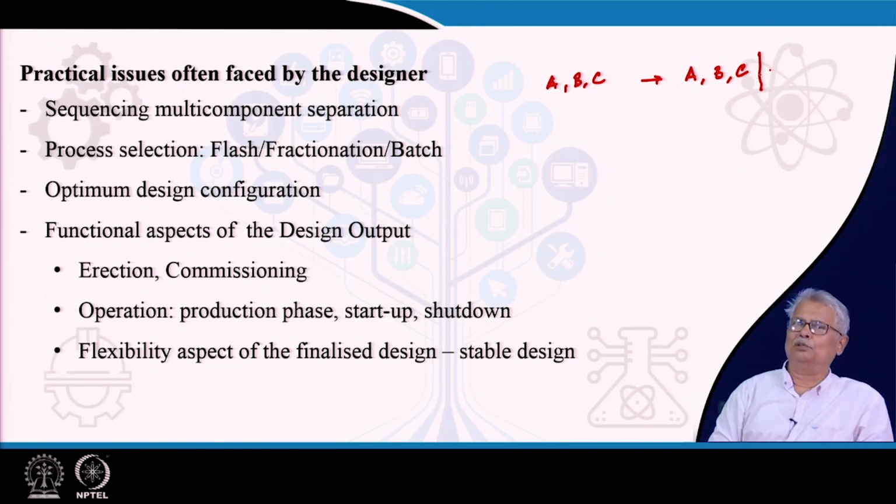It has to be produced efficiently, that means it has to be operated in the production phase, which obviously means there will be startups and shutdowns. So all these facilities have to be there in the process that you design. So your distillation process should consist of considerations for erection, commissioning, production phase, startup and shutdown.